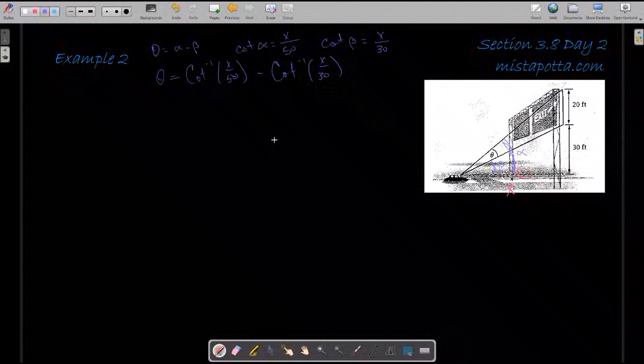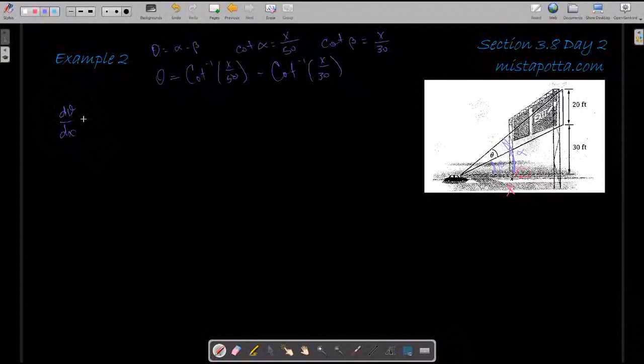And I want to figure out some type of relationship to how fast theta is changing with respect to my position on the highway. So I'm really looking for d theta dx. How fast is theta changing with respect to my position on the highway?